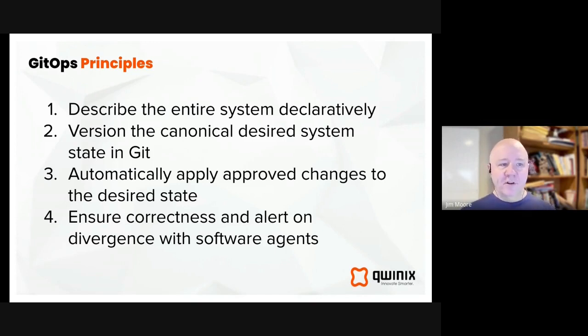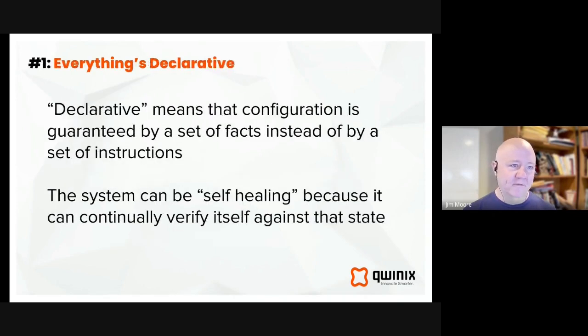You version the canonical desired system state in Git, which we talked quite a bit about. Automatically apply the approved changes to the desired state, and that's what the CD part of things is about. And then ensure correctness and alert on divergence with software agents. And we'll talk more about that toward the end.